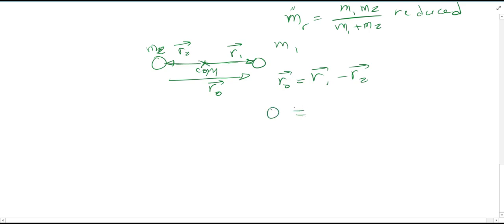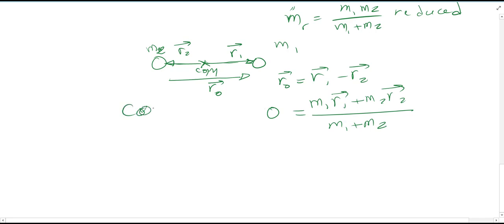It never changed, because this is the expression in general for the center of mass, (M1 R1 plus M2 R2) divided by the sum of the masses. This expression is true no matter which reference frame you're looking at, but in the case of the center of mass frame, this is the origin of coordinates, basically 0, 0. So in this case this must be a 0 vector.